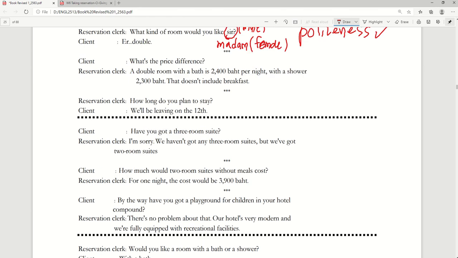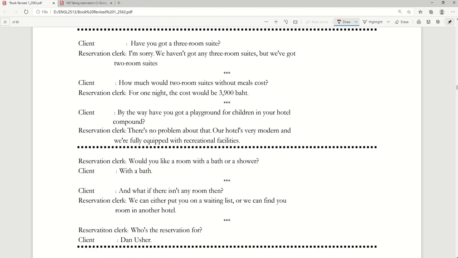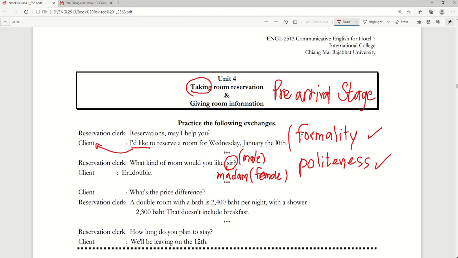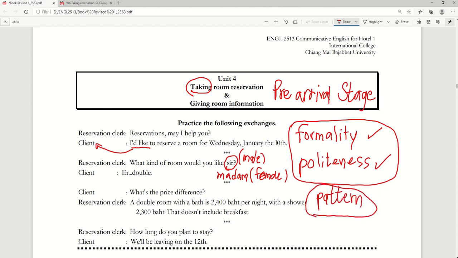And not only for formality and politeness, there is also the sentence pattern, which you can apply in different situations.